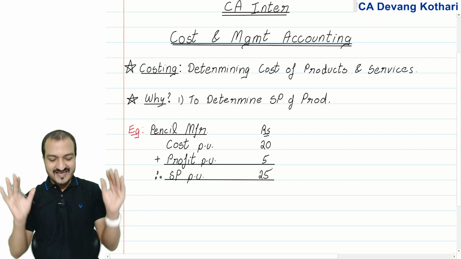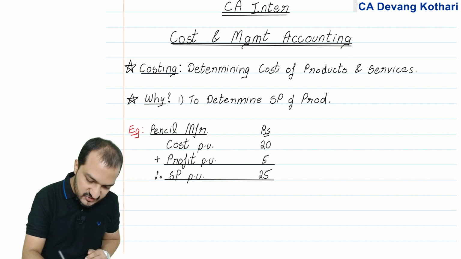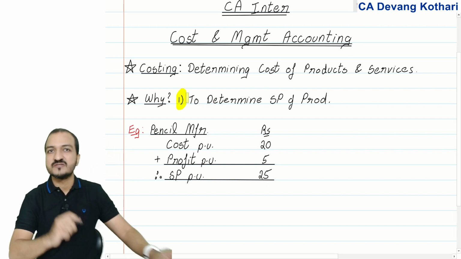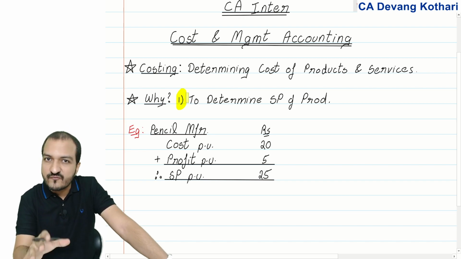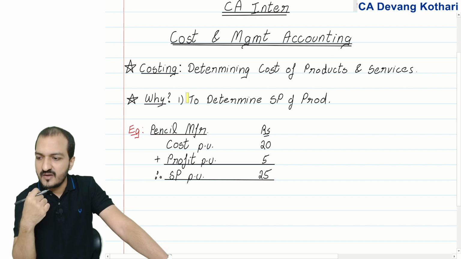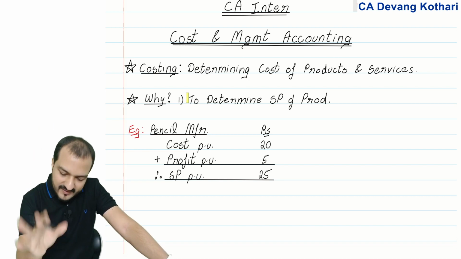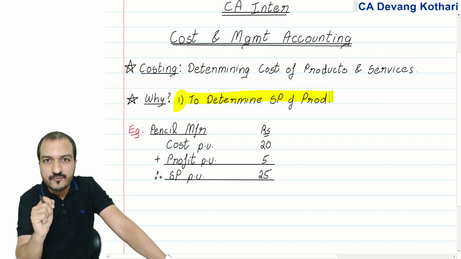So this is the purpose of my subject of costing. But this is only the first purpose. There are many other purposes also, which we will discuss a few minutes later.